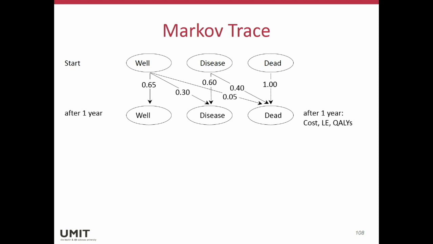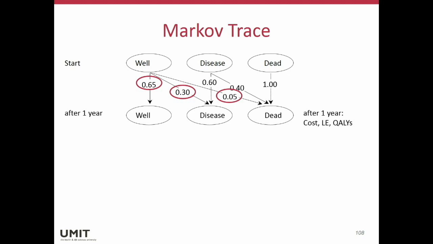People that are well, we know that with 65%, they stay well. So they move from well to well. And then we have a 30% chance that people that are well get the disease.